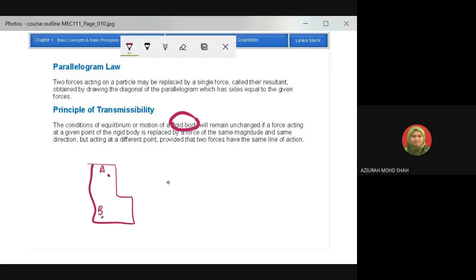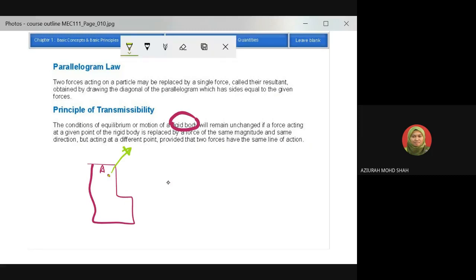Okay. So kita ada force dekat point A. So point A is the point of application for this force. Okay.